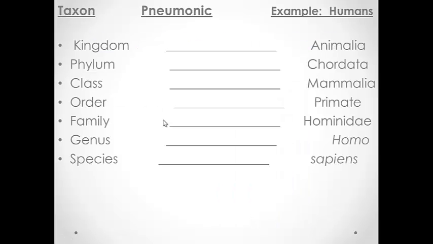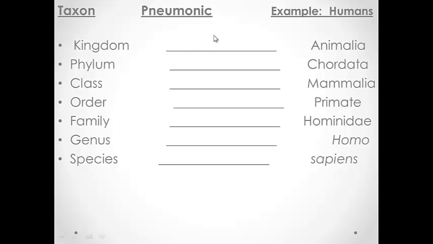All right. Here is where we use a mnemonic. A mnemonic is a little strategy that you use in order to remember the sequence of several words or phrases. So you try to remember the order of kingdom, phylum, class, order, family, genus, species. You create your own mnemonic, which will help you remember the order of these taxa right here.